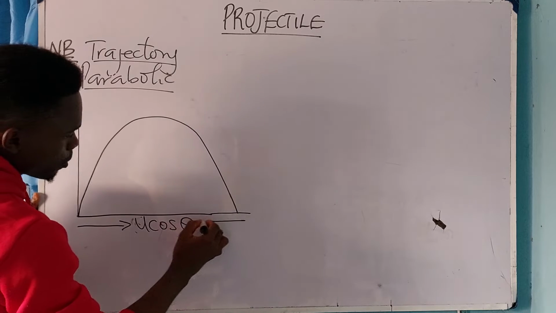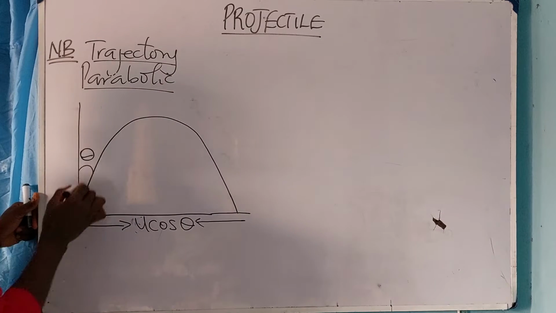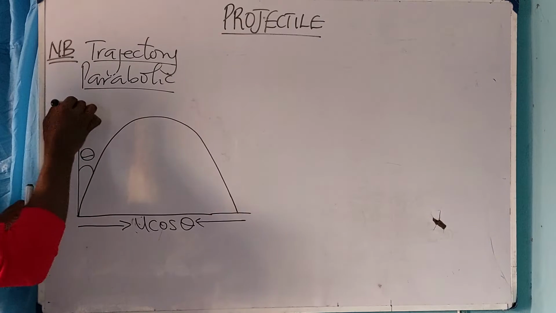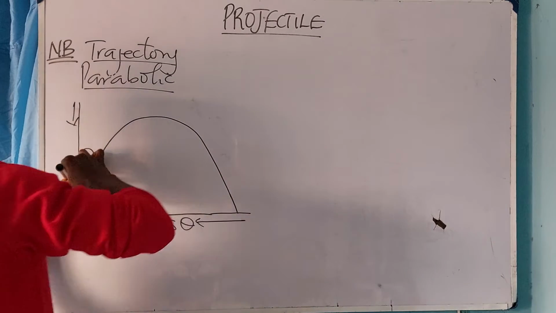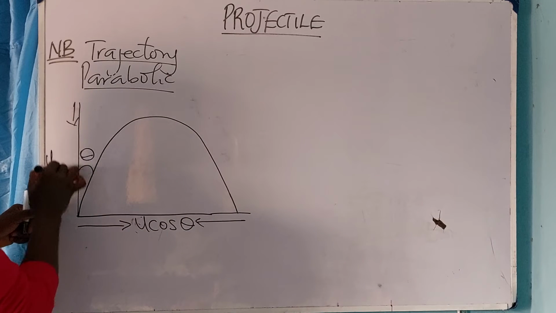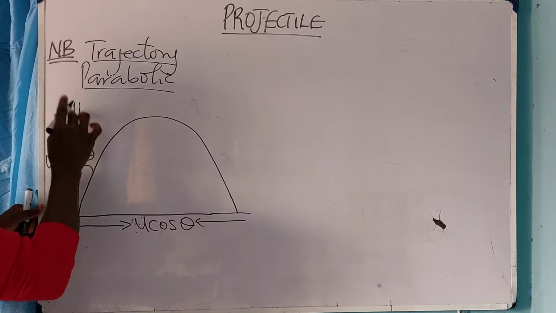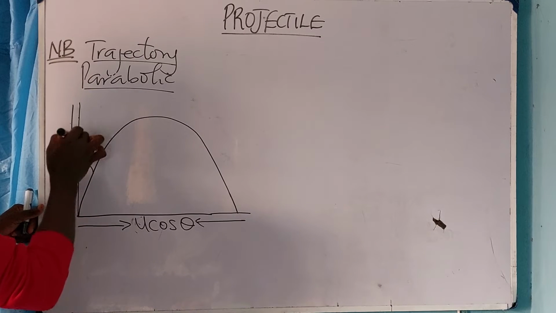This is the horizontal component, and it forms an angle here. And the vertical component is called u sin theta. Please take note of that.